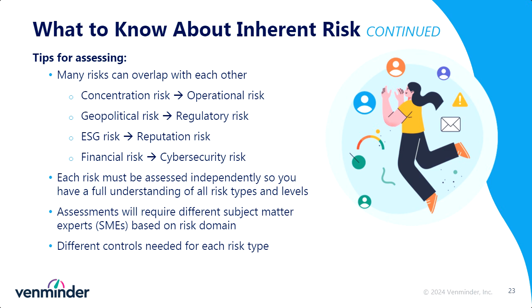For example, a cybersecurity control like multi-factor authentication or penetration testing isn't going to have any impact on a vendor's financial risk. And assessments will require different subject matter experts that are qualified and usually certified in certain risk domains. A financial expert might be a CPA, and a cybersecurity expert might have some sort of certification in that area.